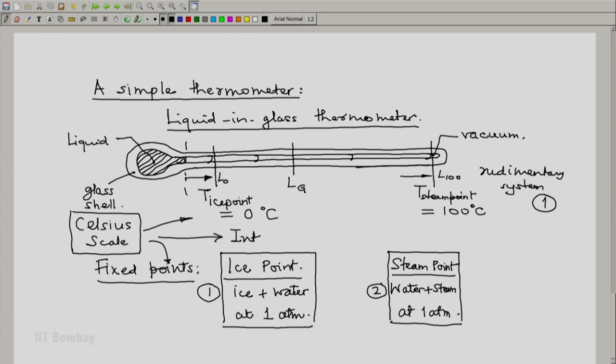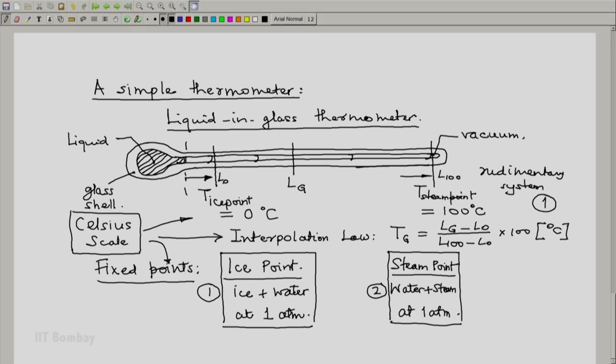And then we have an interpolation law which says that the temperature of this system G will be, if Lg happens to be L0, 0 degrees C. If Lg happens to be L100, it will be 100 degrees C. So this will be something like (Lg minus L0) divided by (L100 minus L0), multiplied by 100 units of degrees Celsius. This would be the interpolation law.